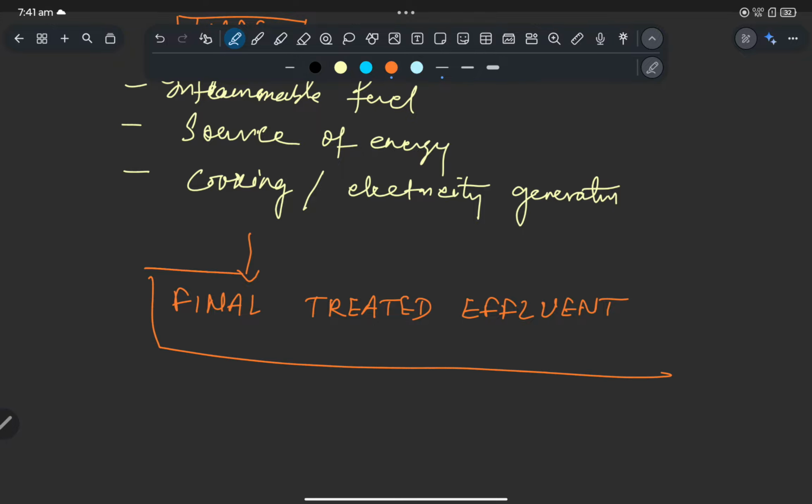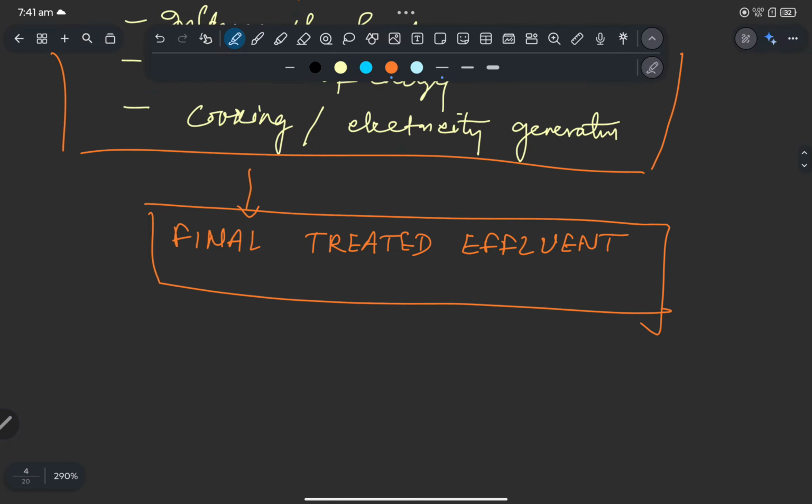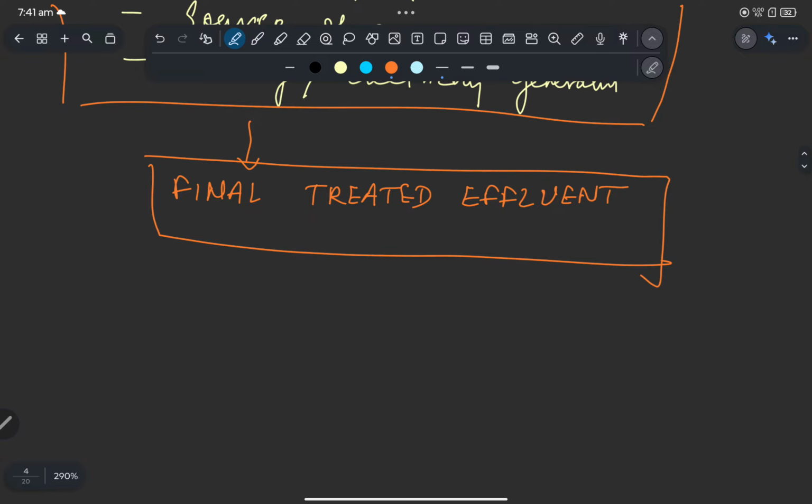So this is the sludge. So up to this we have discussed about the sludge. Now final treated effluent. What happens to the effluent? From the effluent, totally the organic matters are removed, and already by the primary treatment, filtration and sedimentation, other inorganic materials were removed.